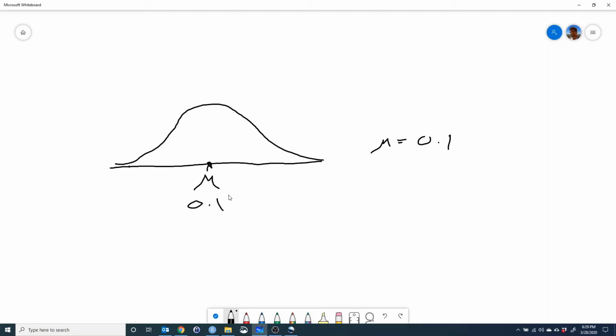And we want this thing to vary. We know kind of the minimum equals 0.05, and the maximum is equal to 0.15. And so we can kind of think of this as the maximum here, 0.15, and this as the minimum, 0.05.